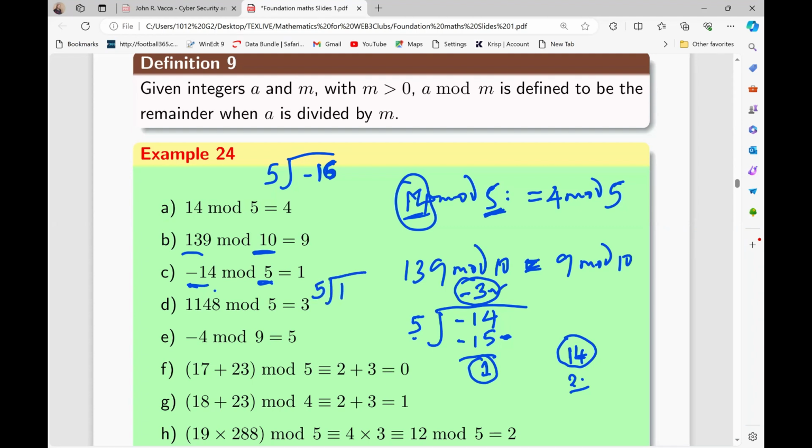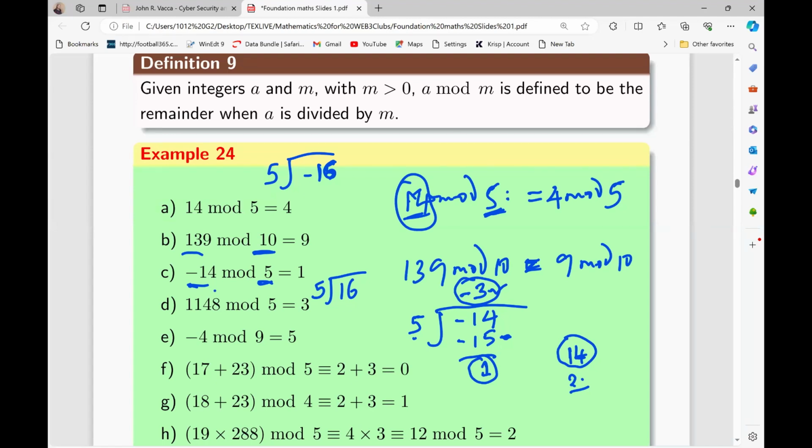Assuming it did not have a remainder, 5 will go there 3 point, I think it's 3.2. Once it's 3 point something, I take the next whole number and give it a negative.